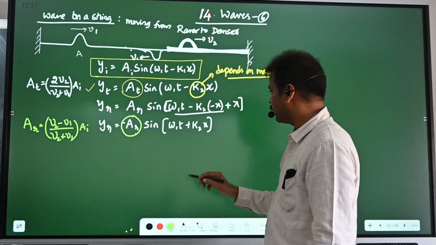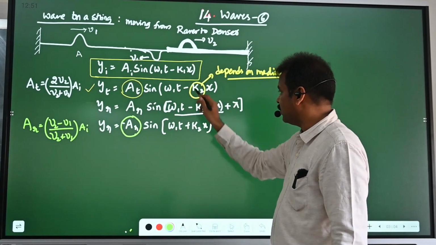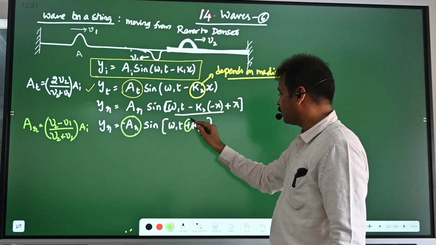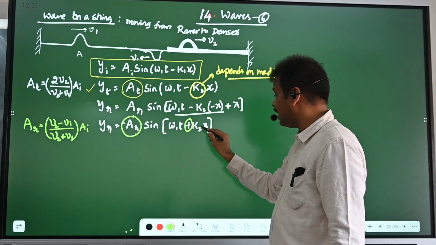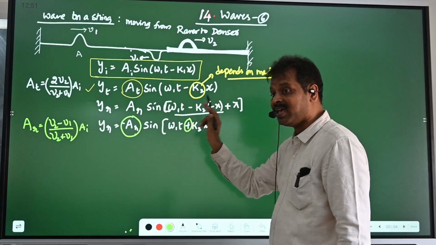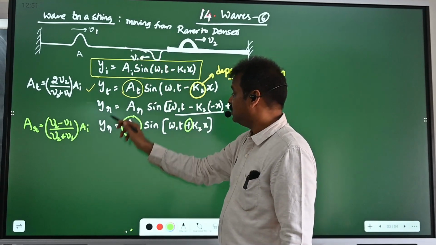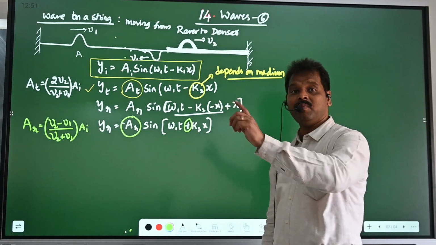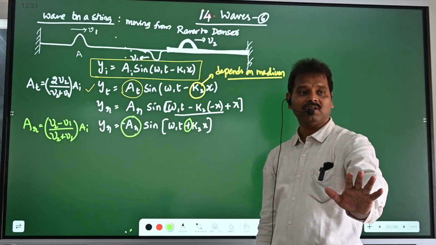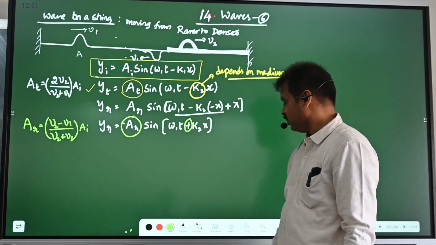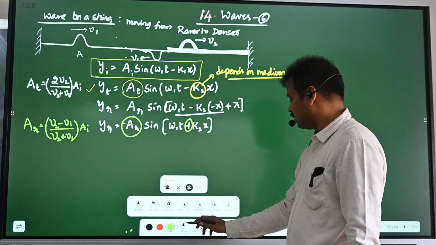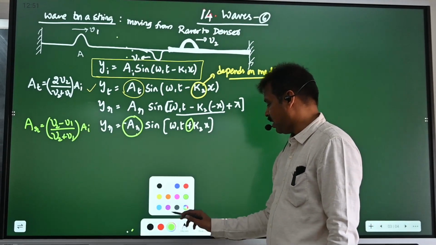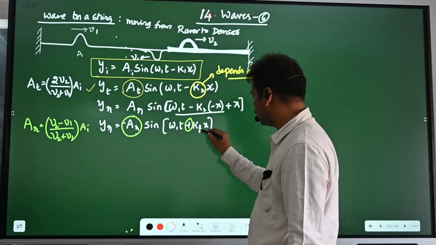So it is changing. Then omega 1 t plus k1 x: K1 remains as K1 only, because this is for the reflected wave. This is medium 1, this is also medium 1. In the same medium, lambda will not change, and k also will not change. So what should I write here, K2 or K1? K1 only.